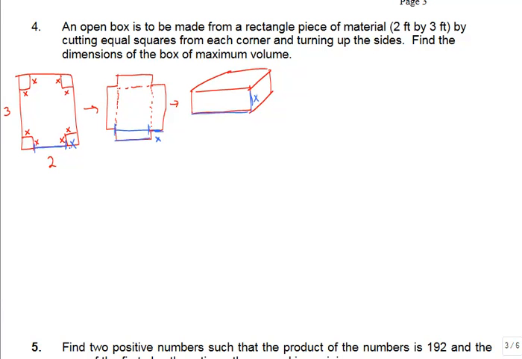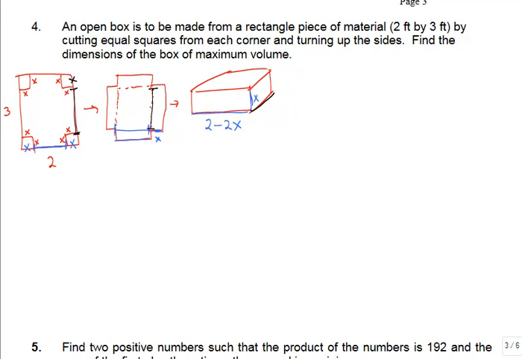So we're taking away x from here and x from here, and we started with a width of 2 feet. So if I take 2 x's away from 2 feet, what I'm left with is 2 minus 2x.